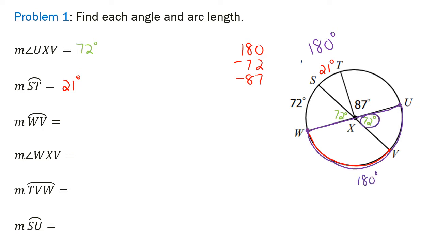I know this section is 72, and keep in mind that this 72 is the same degree as this arc here, UV. So UV plus whatever the red arc is should add up to 180. So 180 minus the 72 is 108 degrees. So this right here is going to be 108 degrees.